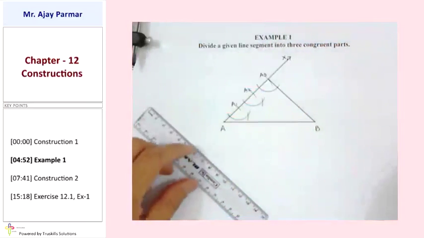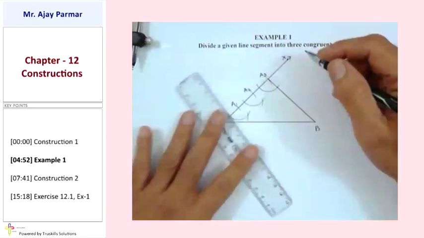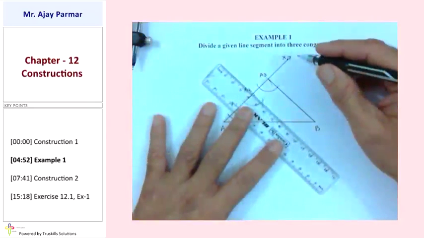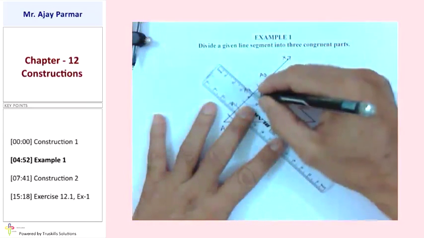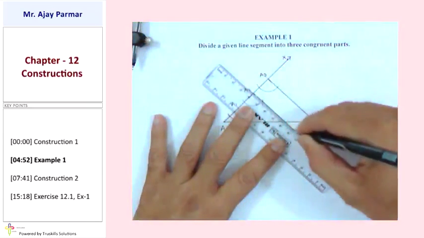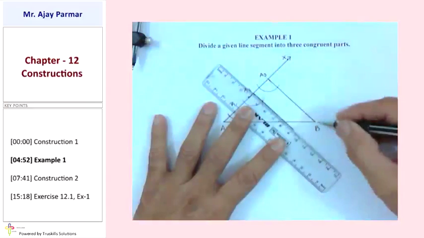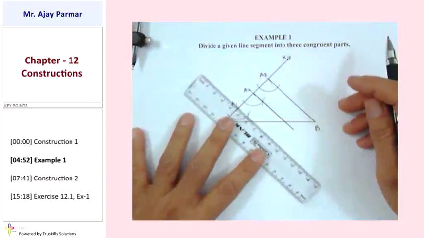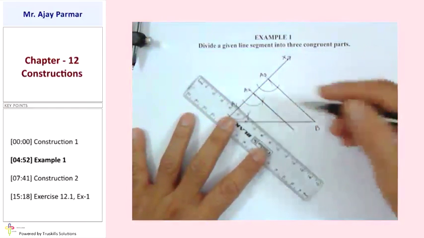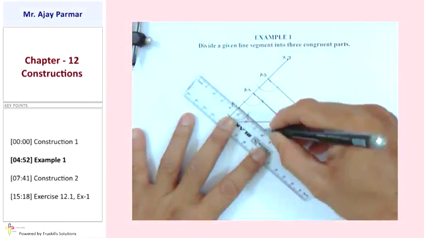And I am going to draw the rays passing through A2 and A1 through these arcs. And you can see that this one is parallel to A3B. And same way, this also is parallel to the previously drawn both the rays.